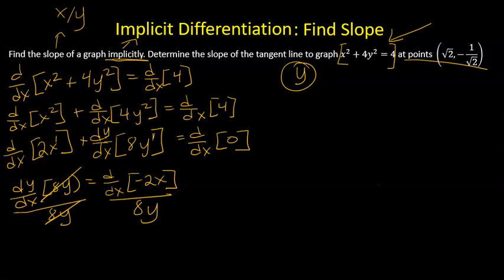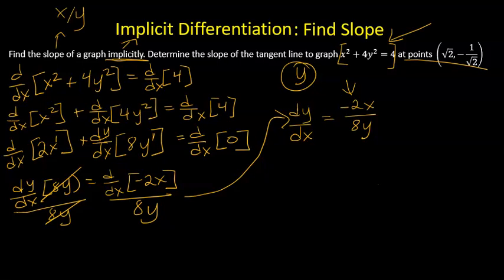We can get rid of those, and it gives me dy dx equals negative 2x over 8y. We can reduce that further, right? I mean, this could technically be the answer, but we can reduce it further. How many times does 2 go into 8? It goes in 4 times. So I am left with negative x over 4y.